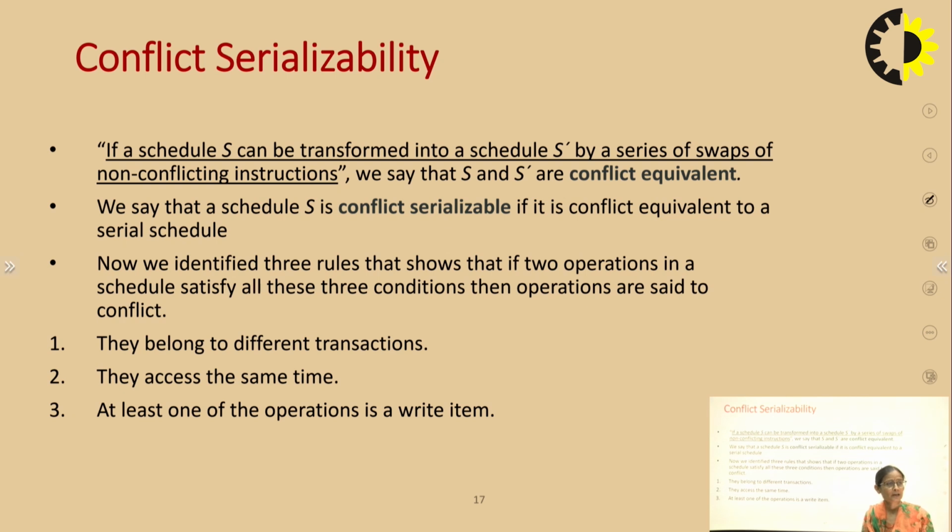If a schedule S can be transformed into another schedule S dash by a series of swaps of non-conflicting instructions, we say that S and S dash are conflict equivalent. We say that a schedule S is conflict serializable if the resultant S dash comes out to be a serial schedule.